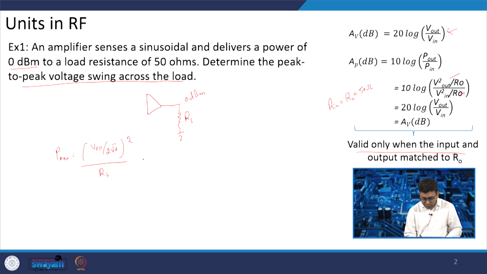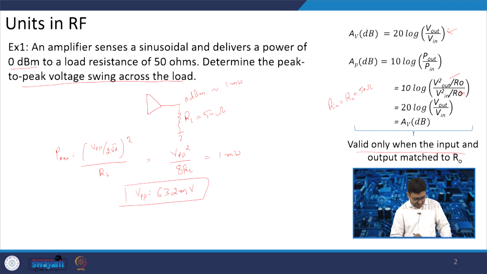If we convert 0 dBm into power, it is nothing but 1 milliwatt, and RL is 50 ohm. So, you get V peak to peak square by 8 RL equal to 1 milliwatt. You can get V peak to peak, which is 632 millivolt. So, this is in milliwatt and this is in millivolt.